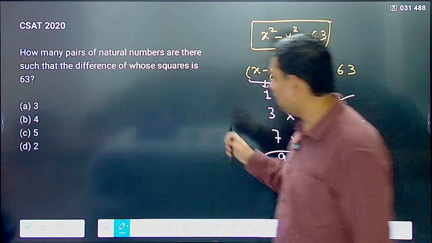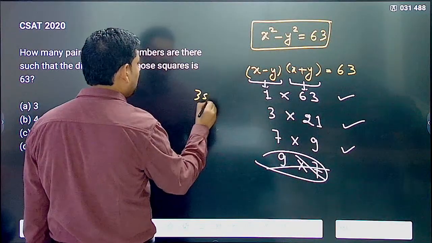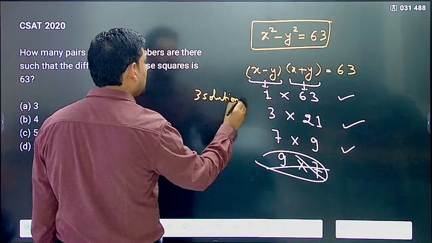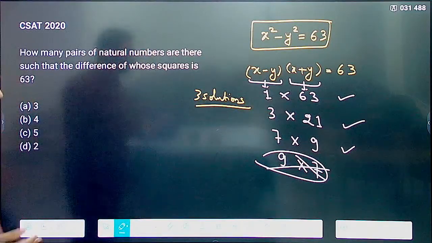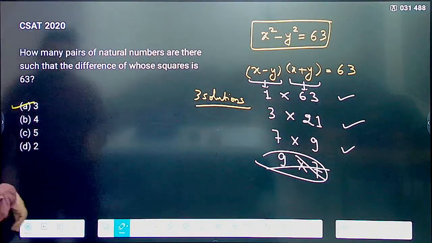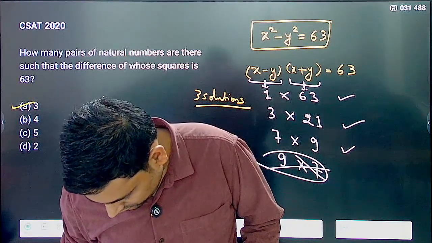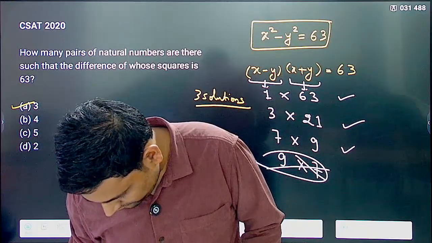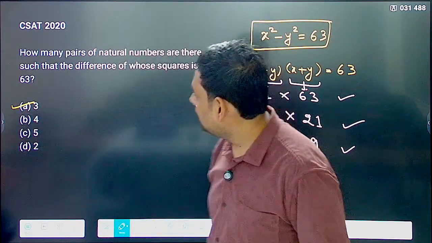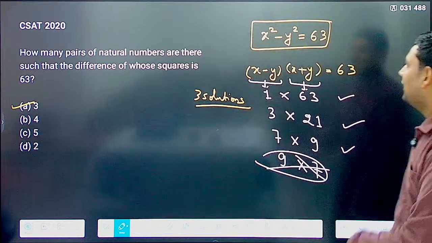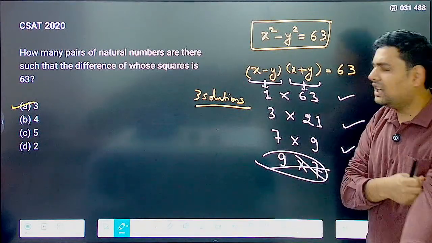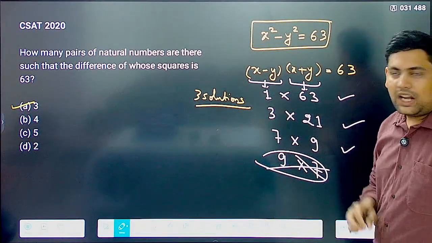That means ultimately you will get 3 solutions. Because it is natural numbers, you don't have to worry much. So answer becomes A, that is 3. 5? How you got 5, Neelam? Okay, so ultimately you will be getting 3 solutions. Understood?